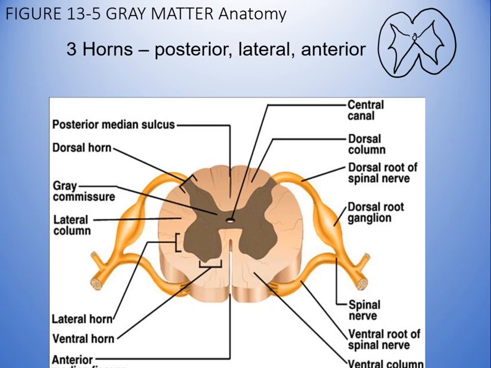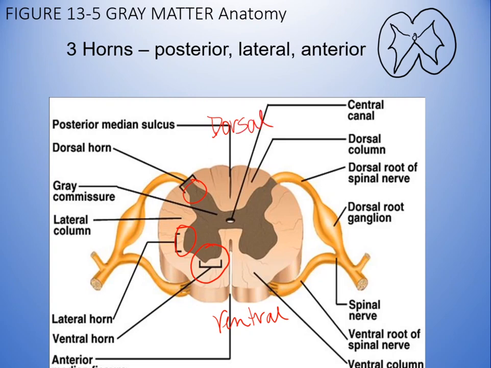And the pointy things are called the horns of the gray matter. So like your book shows, this is the ventral horn because this is the ventral side. It shows that this pointy here is the lateral horn. And you even have a dorsal horn because this is the dorsal side.